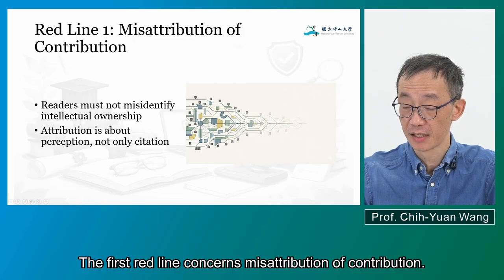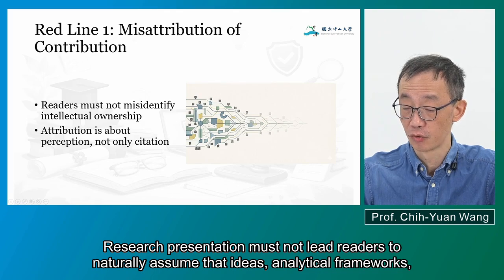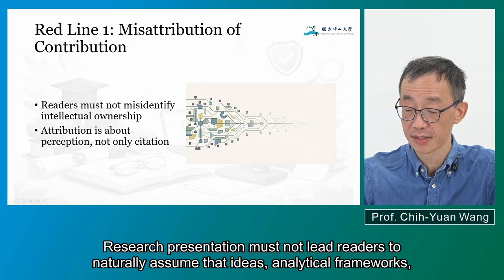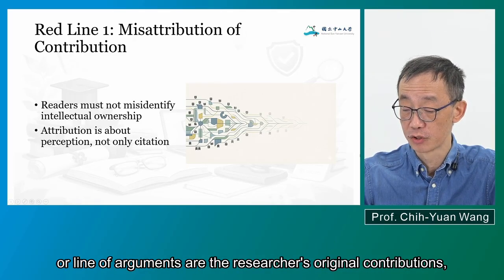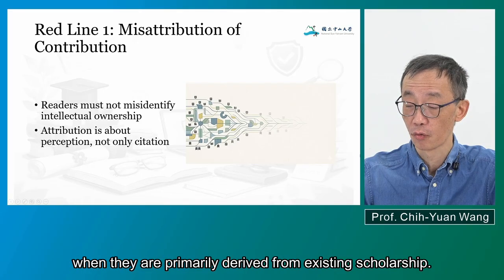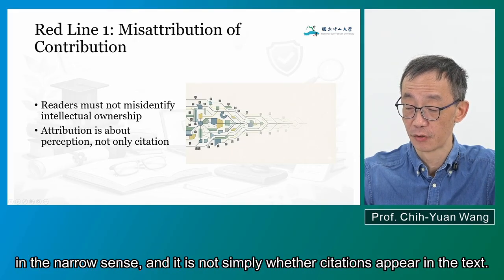The first red line concerns misattribution of contribution. Research presentation must not lead readers to naturally assume that ideas, analytical frameworks, or lines of argument are the researcher's original contributions where they are primarily derived from existing scholarship. The key issue here is not plagiarism in the narrow sense, and it is not simply whether citations appear in the text.